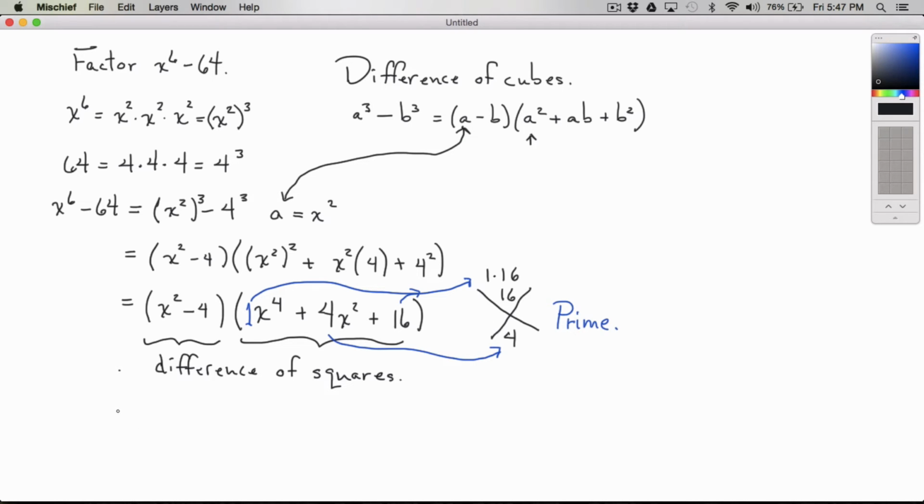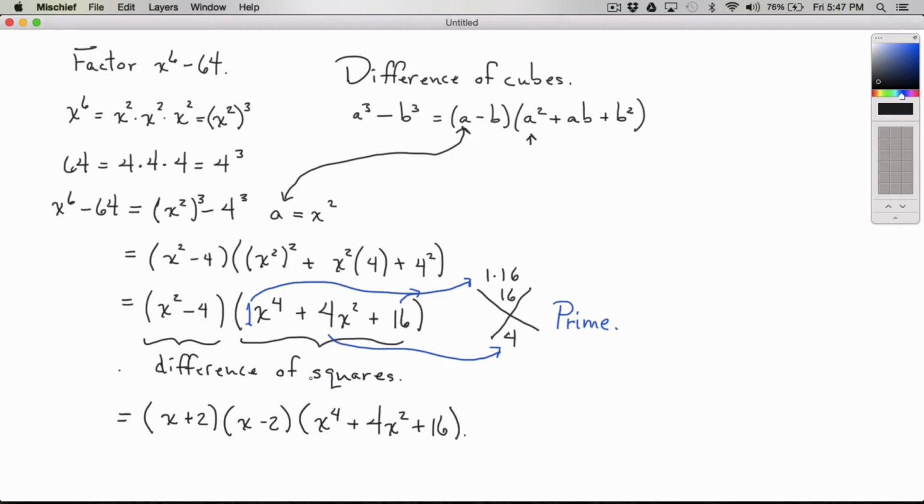This is the one where the factors only differ by a sign. So this factors to x plus 2 times x minus 2. And then I put my last factor here. This gives me x to the 4th plus 4x squared plus 16.